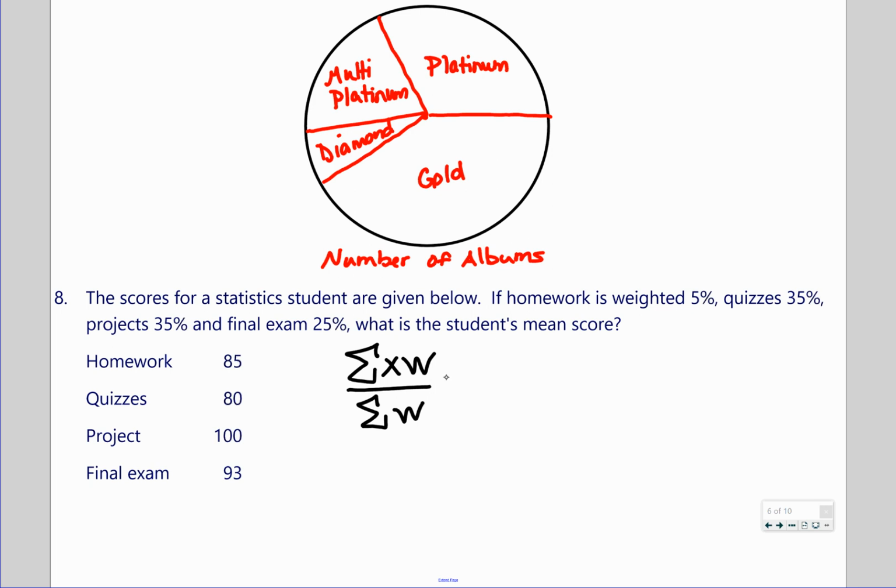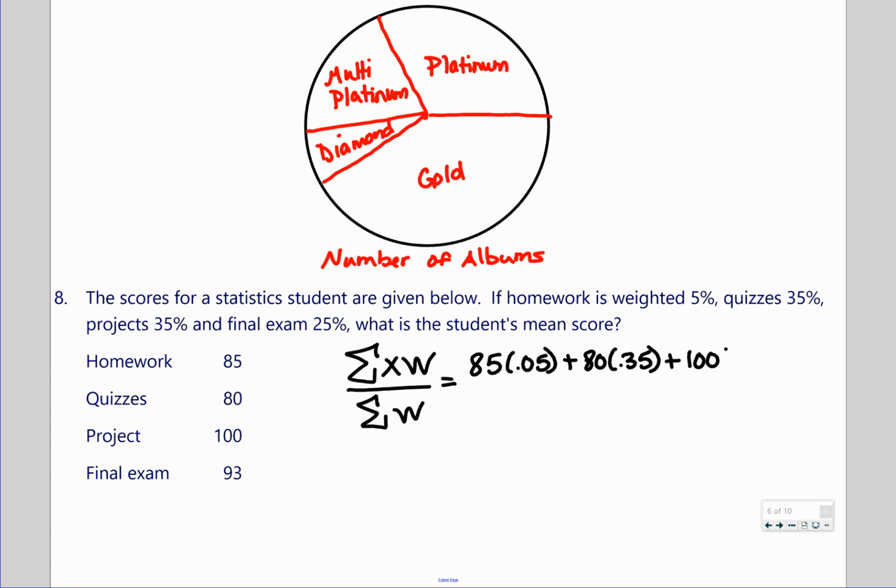So what that means is in the numerator, we're going to take all of our categories, our x's, and multiply by their respective weights. So homework, 85, and its weight is 5%. And then we're summing all of these up. So plus quizzes, 80 times its weight, 35%.